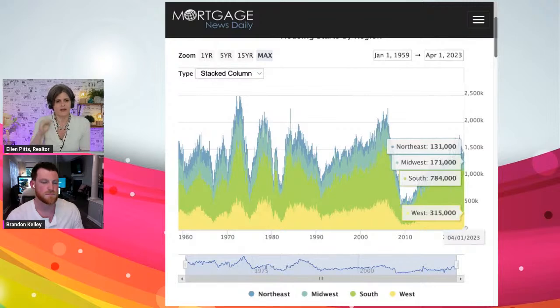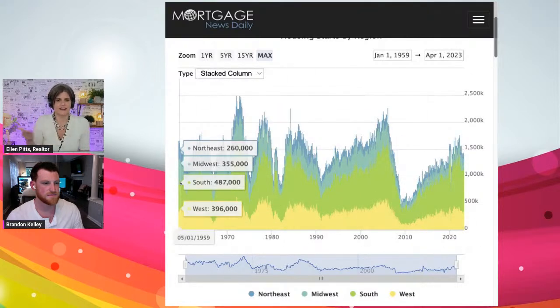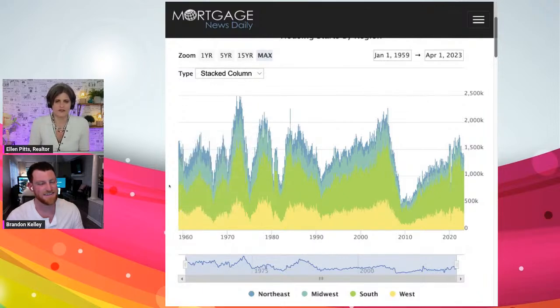Everybody up north was building, they ran out of land. But then, as air conditioning comes in, that's when you start seeing the South picking up, because who can live in the South without air conditioning, right? But anyway, I just thought it was interesting where those different building products are taking place.